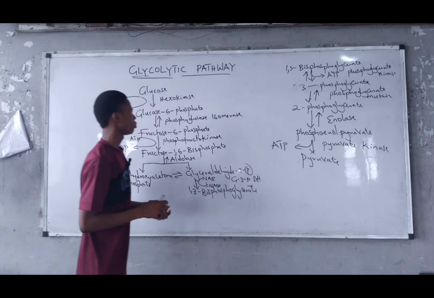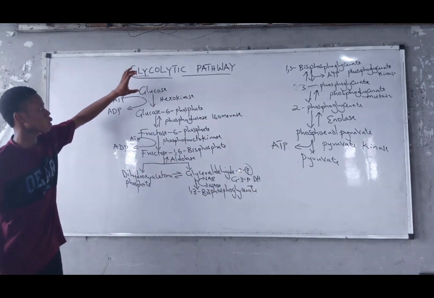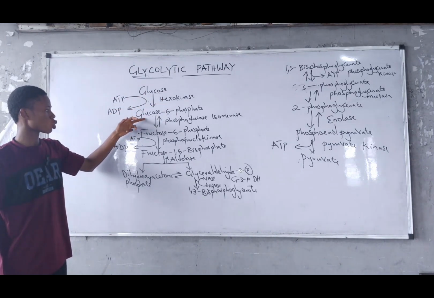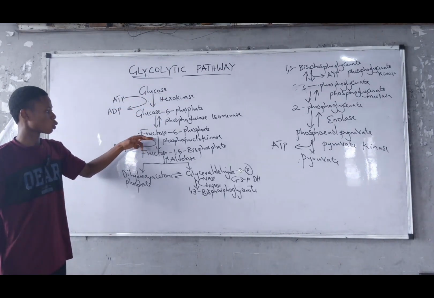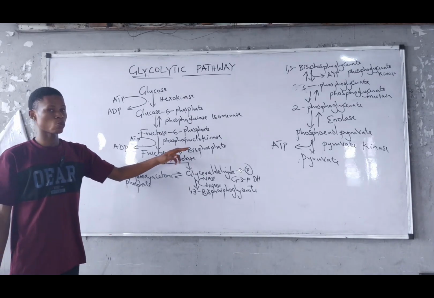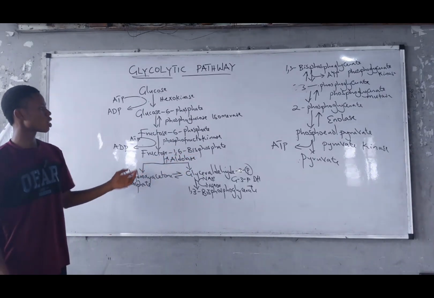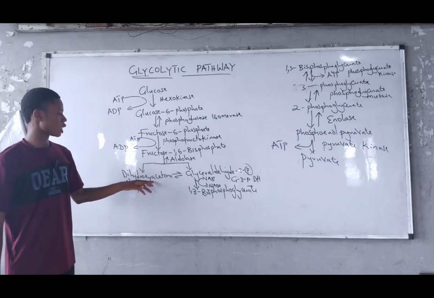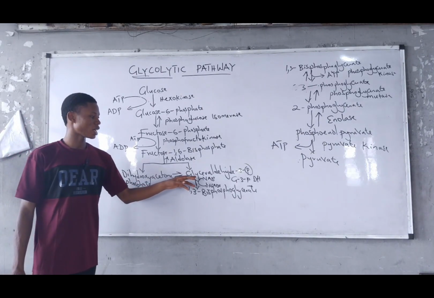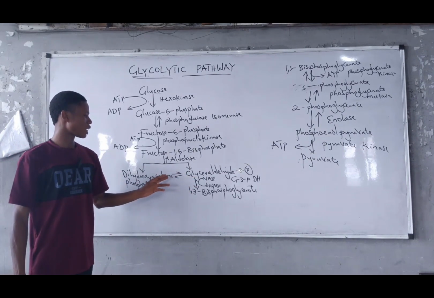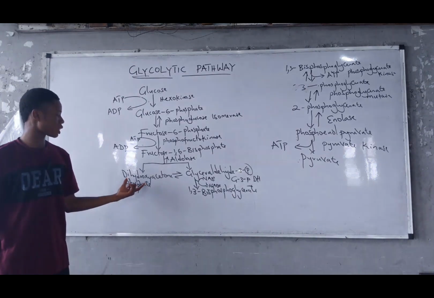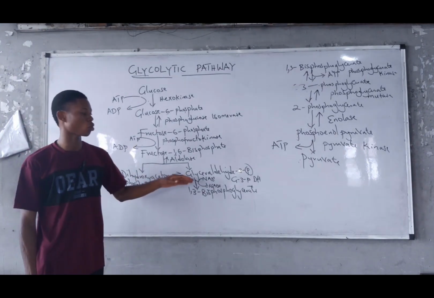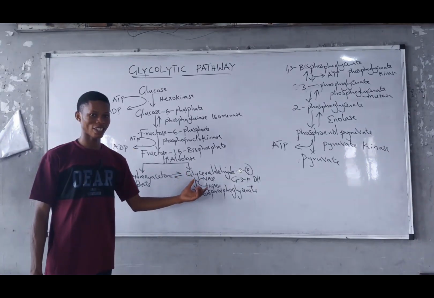Good. Now, come back to the starting. We said glucose is first converted to glucose 6-phosphate, then to fructose 6-phosphate, then to fructose 1,6-bisphosphate. Then fructose 1,6-bisphosphate is broken down to dihydroxyacetone phosphate and glyceraldehyde phosphate. Now we said dihydroxyacetone phosphate cannot continue in the pathway, so it is converted to another molecule of glyceraldehyde phosphate.